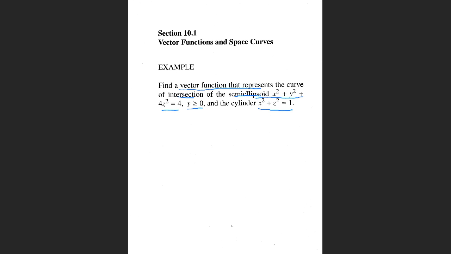Let me ask you, this cylinder here, x squared plus z squared equals 1, is that an up and down cylinder, or is it a sideways cylinder? Good, it's sideways. What's the axis that goes through this cylinder? The x-axis, the y-axis, or the z-axis? Good, the y-axis.